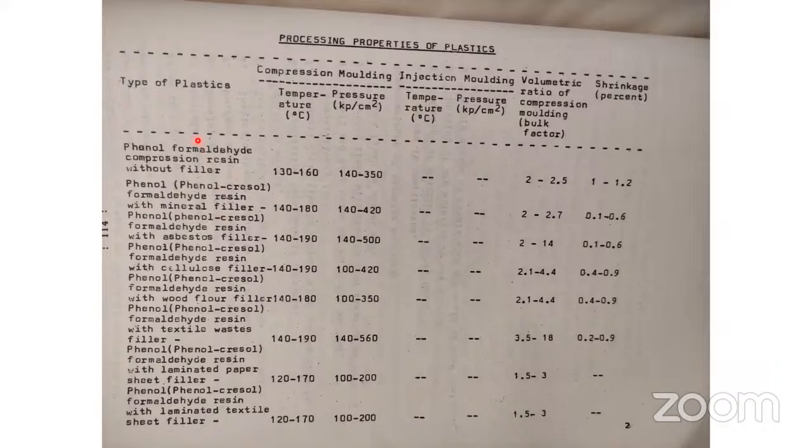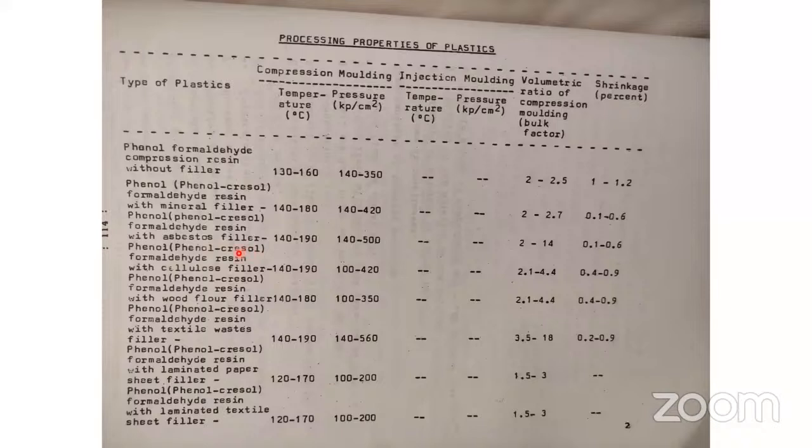See now, these are the different types of resins. See here, PF resin: temperature 130 to 160, pressure 140 to 350 kg per centimeter square. But here you are using mineral fillers. Phenol cresol type. Now here, formaldehyde resin with an asbestos filler.